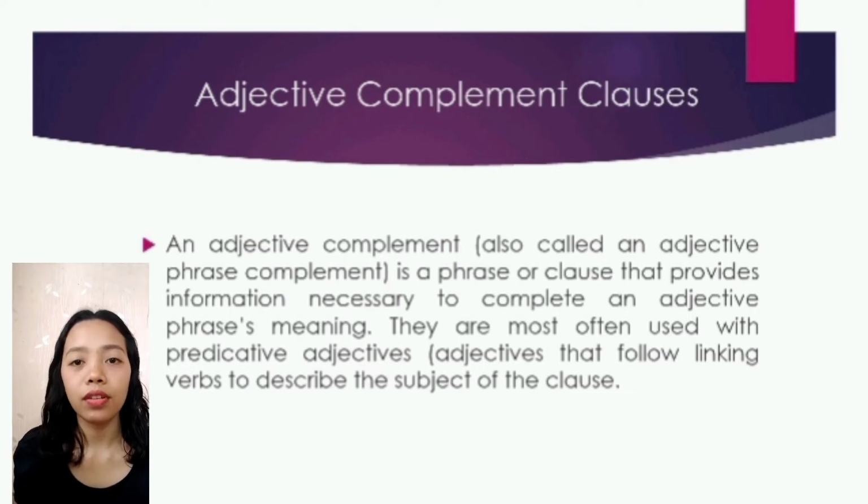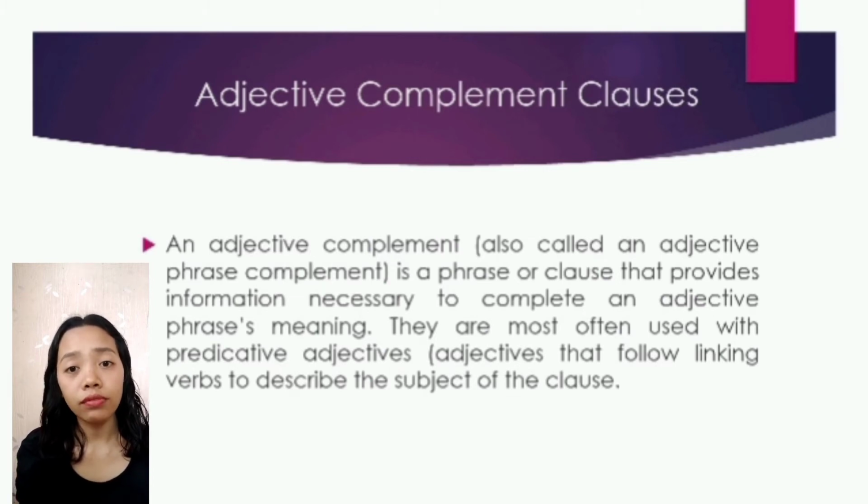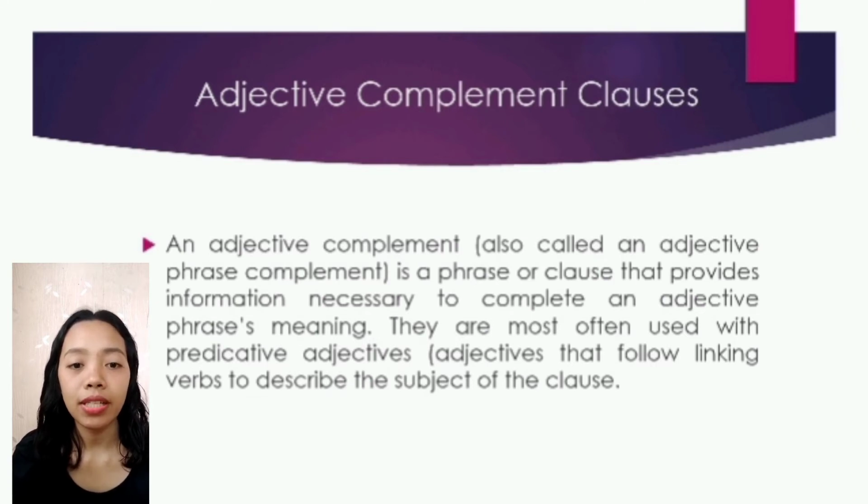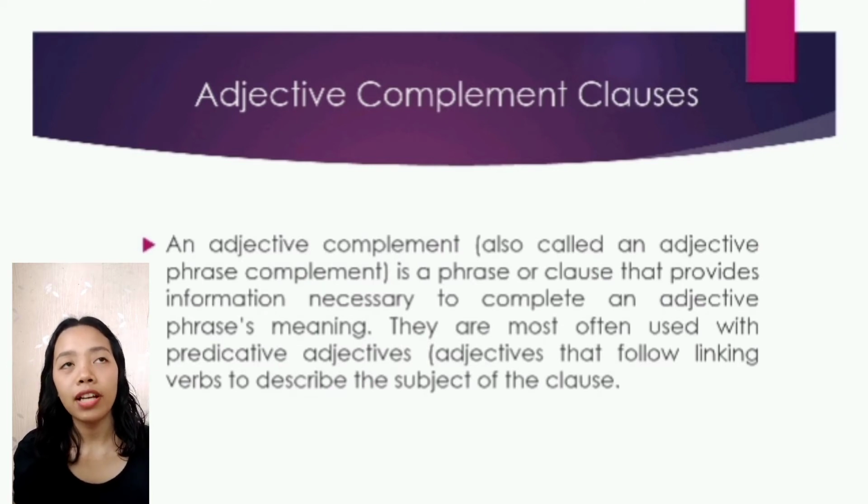These adjective complements are an important aspect of English grammar because it is a functional part of a sentence that completes the meaning of, or complements, an adjective or adjective phrase. It provides information that makes a word or group of words function as an adjective in a clause or sentence.